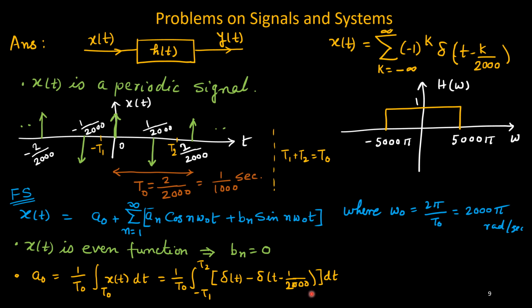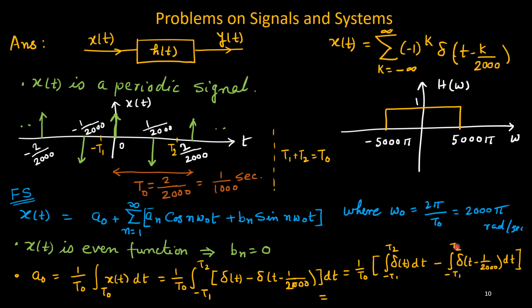Now we need to integrate this function, and that is very easy. We can separate these two terms. We integrate the first term, delta t, and then the second one. The integration of delta t is 1 if it includes the function delta t. Within this range, minus T1 to T2, the signal delta t is present, thus the area under the delta t curve is always 1.